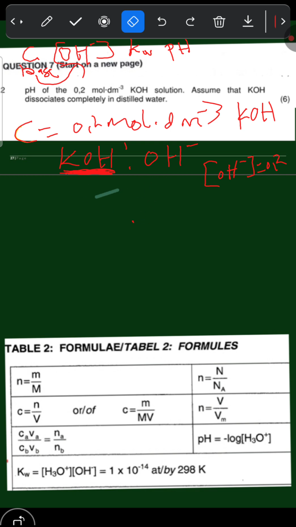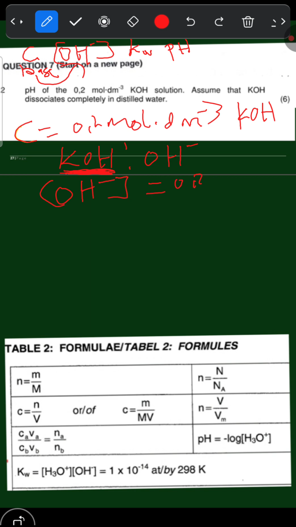We got it. Concentration of OH minus is equal to 0.2 because the ratio was 1:1. This should be a square bracket. The square bracket means concentration. Now after that we must go to the KW formula. Here is our KW formula.